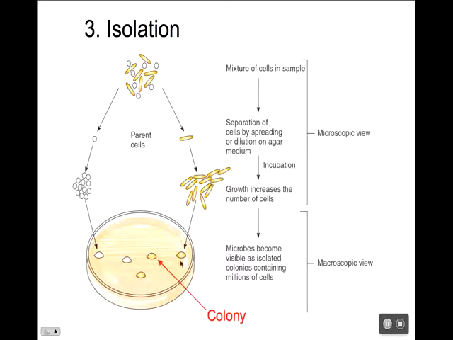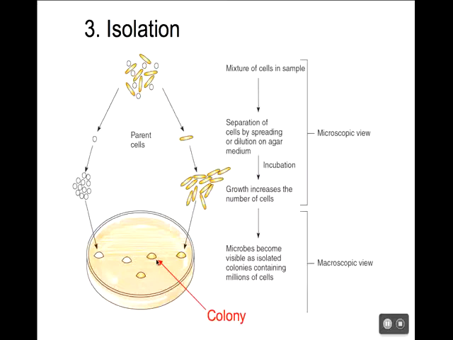And eventually that group is so large that you can actually see it with the naked eye, and that forms what we call a colony. A colony is a macroscopic group of genetically identical cells that arose from a single cell. You can see individual colonies.